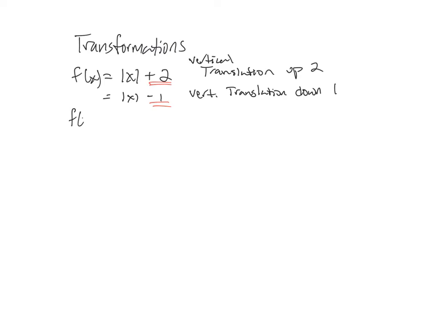Okay. All right, if you had an adding or subtracting on the inside of the absolute value, it's a horizontal translation. Remember, on the inside it's opposite, left 2. Anything on the inside is opposite. So +2 would normally go to the right. We do opposite and go to the left.